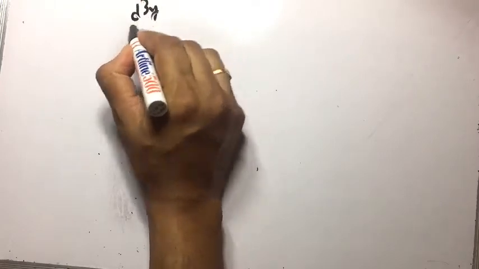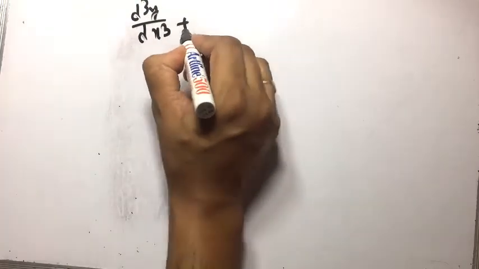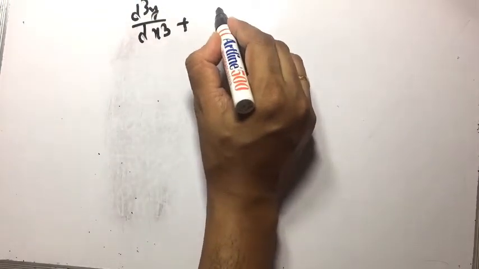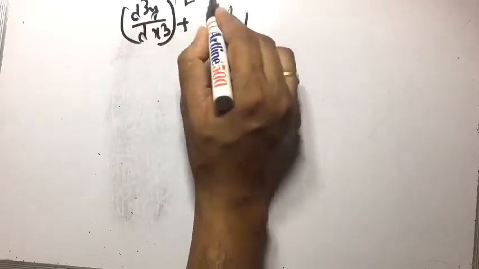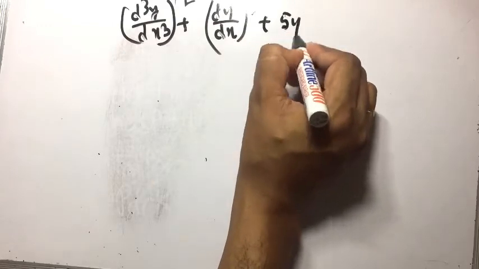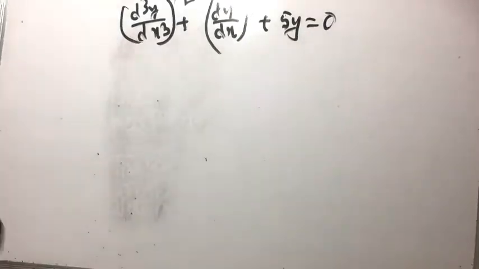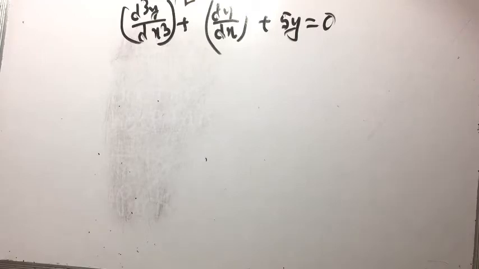Suppose this is the example: d cube y by dx cube plus, there is a whole square, dy by dx the whole cube plus 5y equal to 0. This is an ordinary differential equation. We have to find out the degree and order of the differential equation.